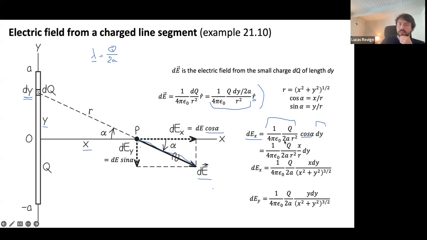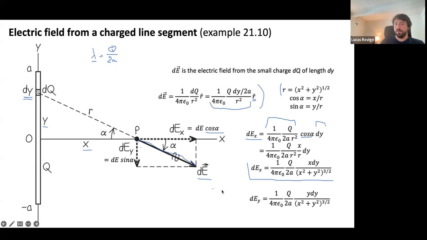And so we obtain this expression for the small contribution along x: 1 divided by 4 pi epsilon 0 multiplied by q divided by 2a r squared, times x divided by r. So we have an r cubed here. By substituting r by its expression as a function of x and y, we obtain the final expression for the contribution along x of this small element of charge dq.